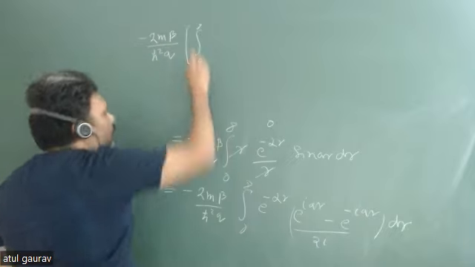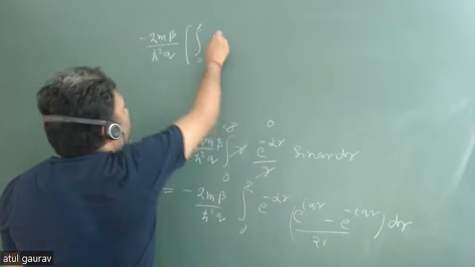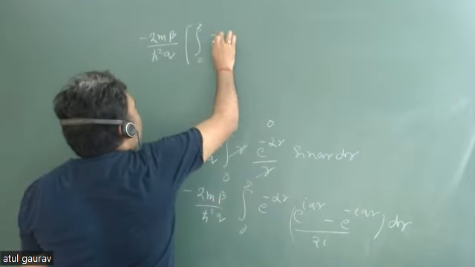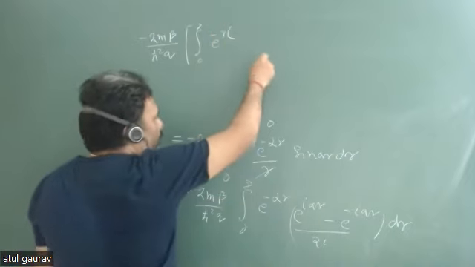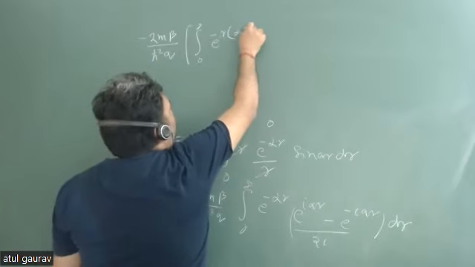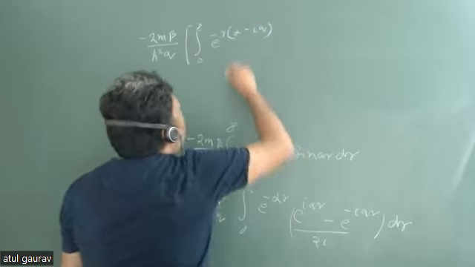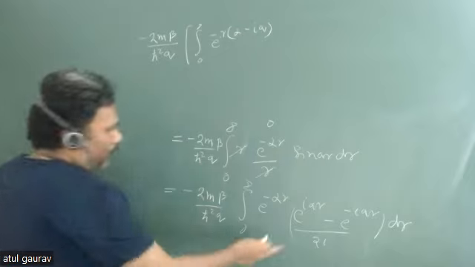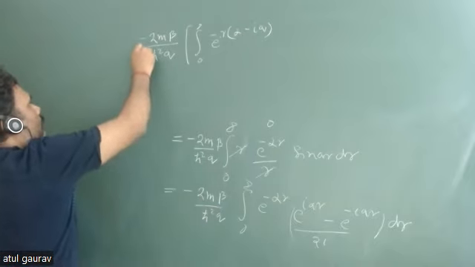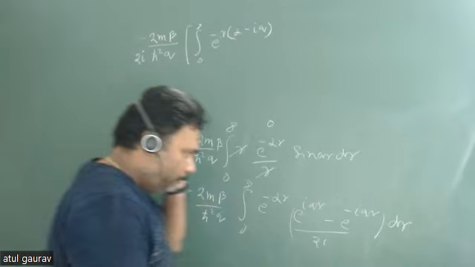So we have two integrations, 0 to infinity. I can take e to the power minus r common, and this value is alpha minus iq, and 2i is also outside, so we have taken 2i here.